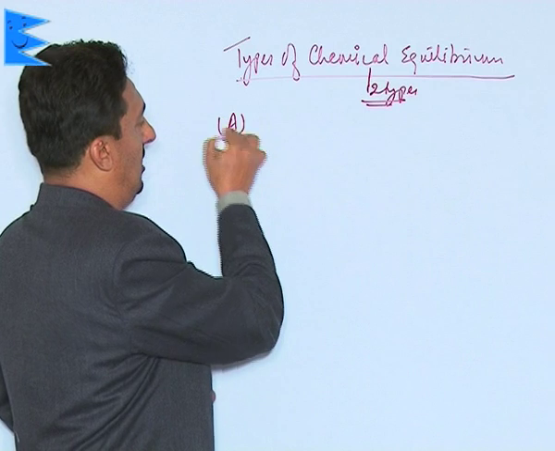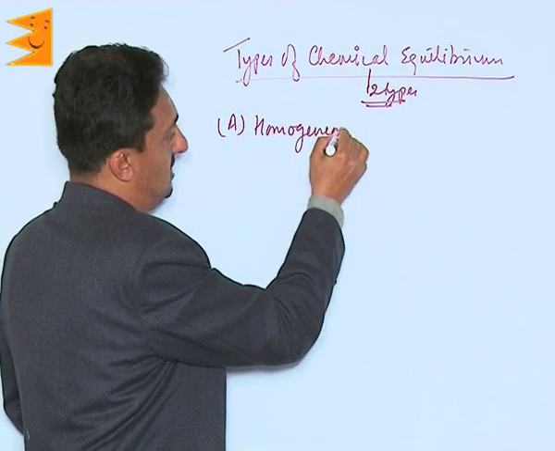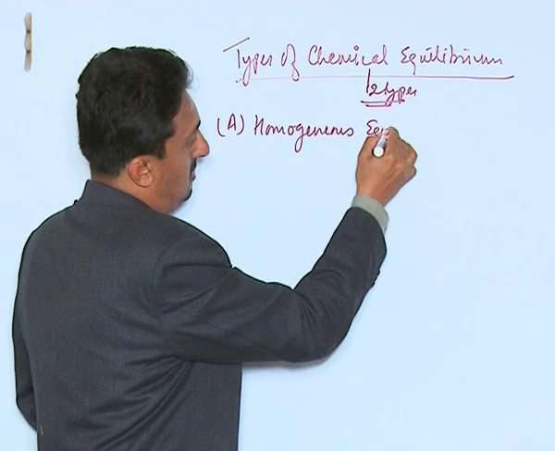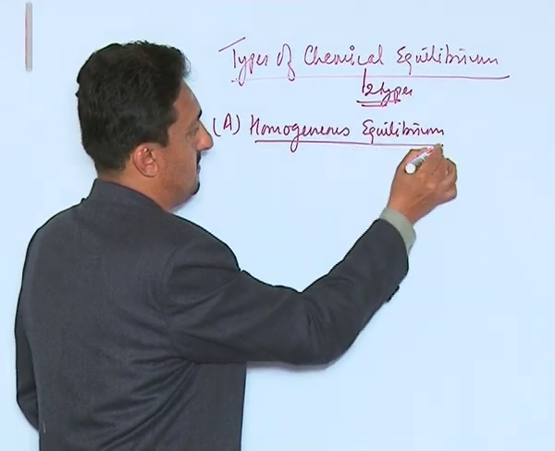The first is called homogeneous equilibrium.